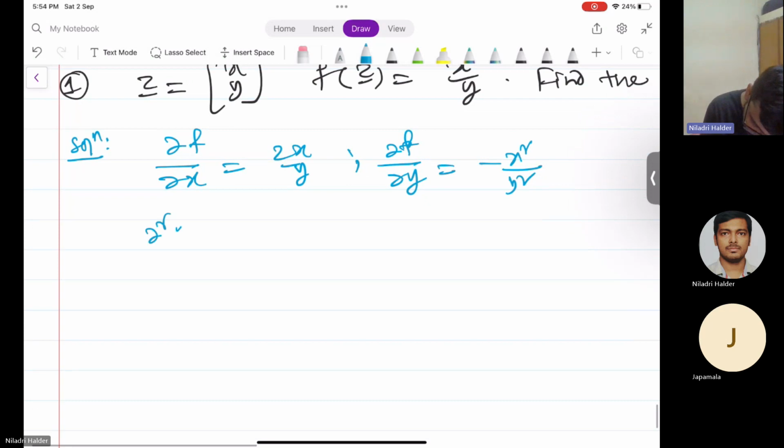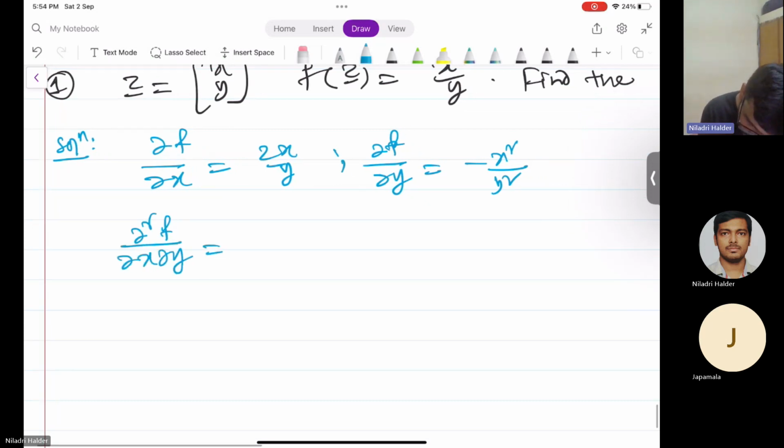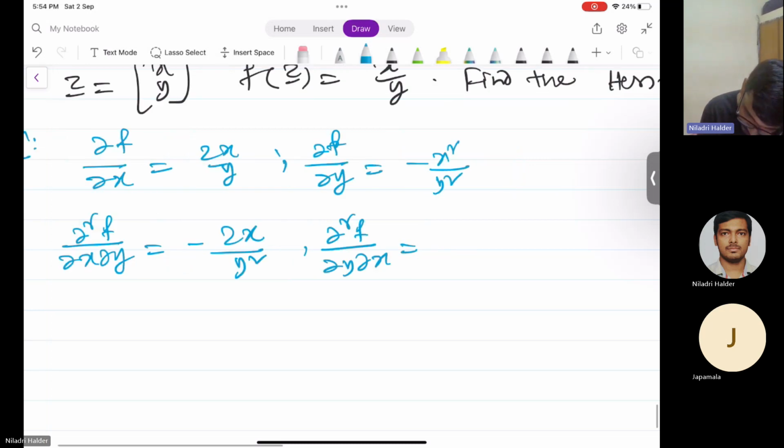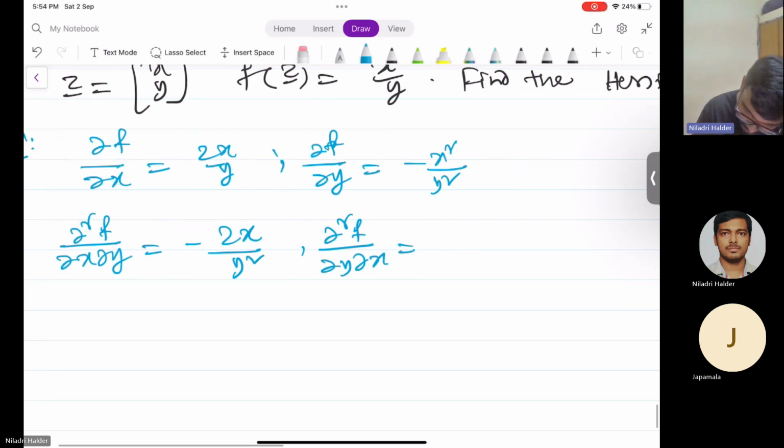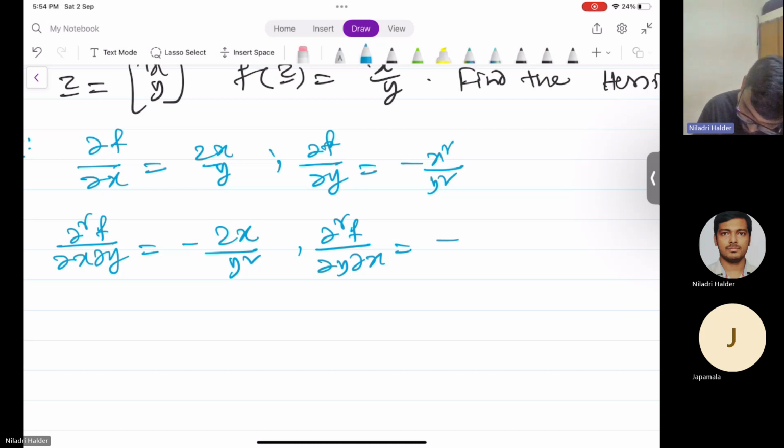Then del 2f del x del y equals minus 2x by y square, and del 2f del y del x is also the same, minus 2x by y square.